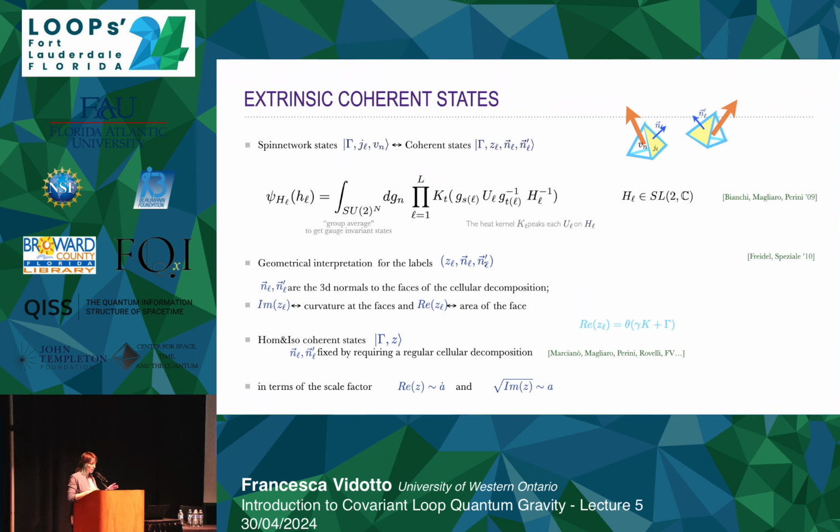The extrinsic ones are a bit more complicated than the ones that I presented to you, but they have the advantage that they are equally spread in position in the three-geometry, but also in the four-dimensional geometry. So this is just to tell you that when I talk about coherent states later in my discussion, and also, I believe, when Hong Wang will discuss things later, we'll use coherent states of this kind.